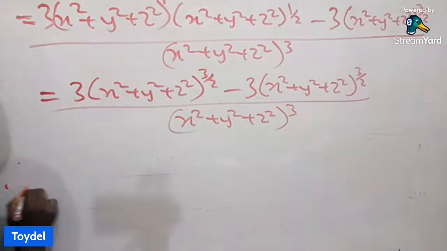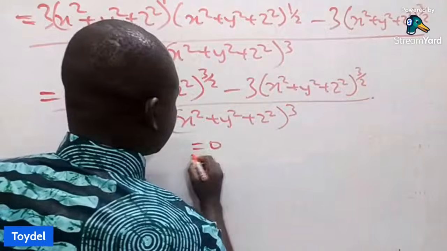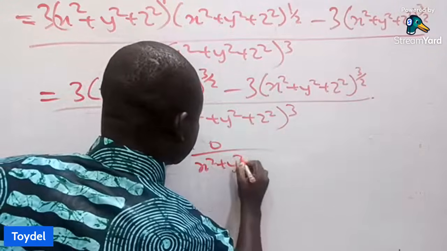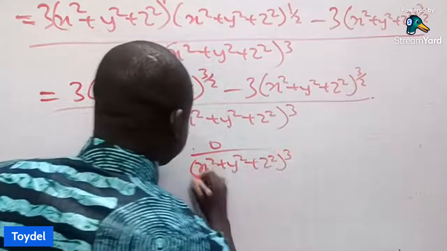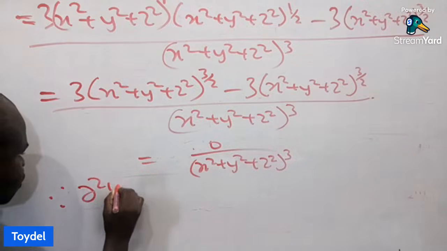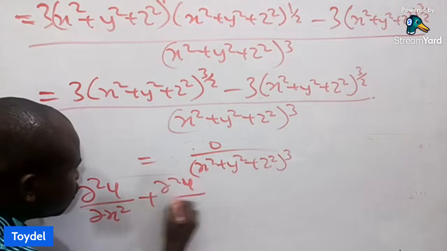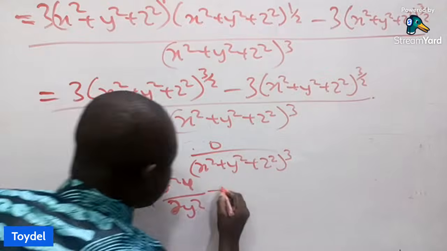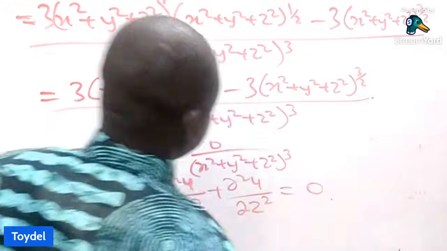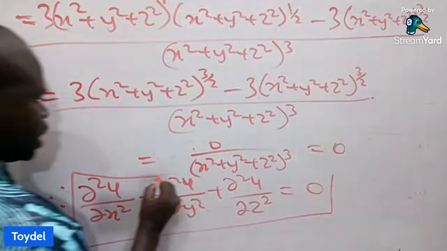Therefore, if you subtract this from this, you are going to get 0 over x squared plus y squared plus z squared raised by 3. Therefore, del square u over del x squared plus del square u over del y squared plus del square u over del z squared is equal to 0. Because if you do this now, this is going to give us 0. And this is what we are asked to show, and that's what we have shown.